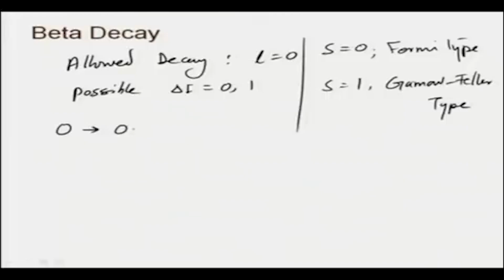Here I am denoting the I values of the x, and so I x to I y. 0 to 0 tells you that it is delta I equal to 0 and the only possibility is S equal to 0. So, it is Fermi type.